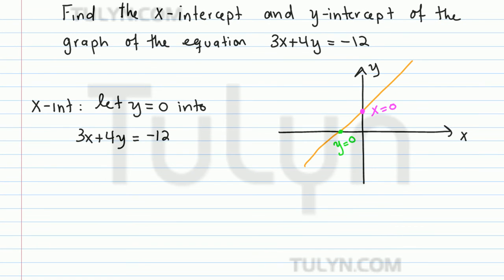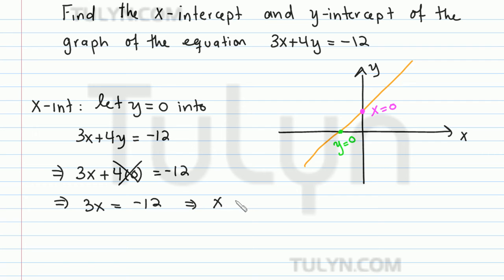So we just replace y with 0 here. So we get 3x plus 4 times 0 is equal to negative 12. And anything times 0 is going to be 0, so we get 3x is equal to negative 12.